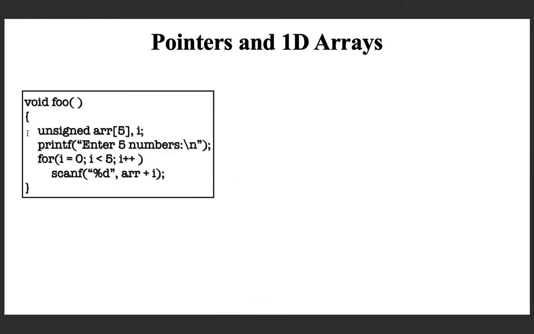Here we have a function foo which declares an unsigned array of 5 elements, and here note that when I am using a scanf statement to read an element of the array, we know that we have to pass the address of the ith element for all values of I from 0 to 4 in this case.